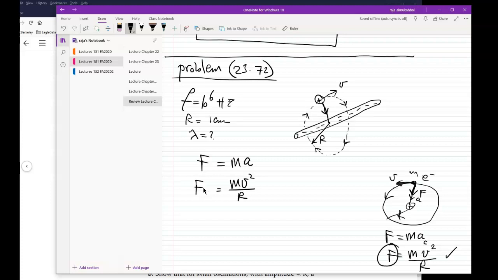Okay? And that centripetal force, well, where is it coming from? Well, it's coming from the field that the rod is giving off. Okay? Is emanating from the field. And that field, since it's an electric field, and that force should equal to QE.